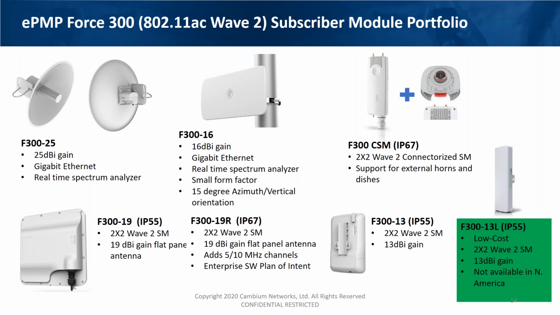So if you have a customer that is interested in either the 4.9 gigahertz spectrum or which has some channel spectrum limitations, or I'm looking for the absolute highest reliability, highest fade margin link, and I don't need that much capacity.